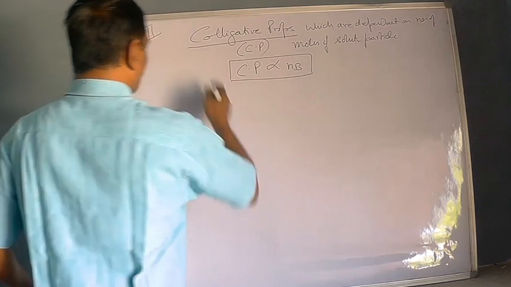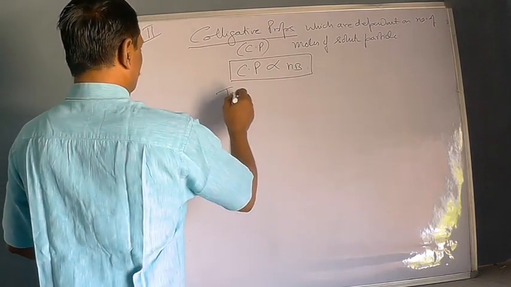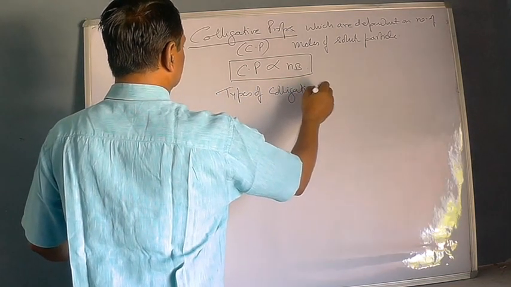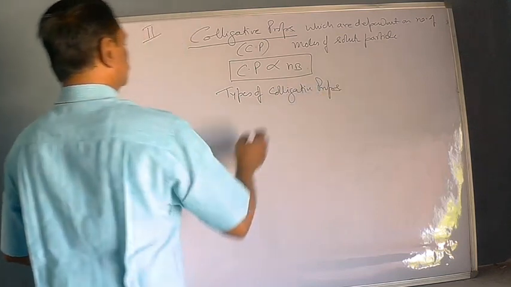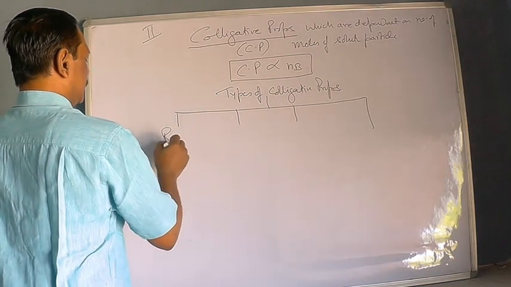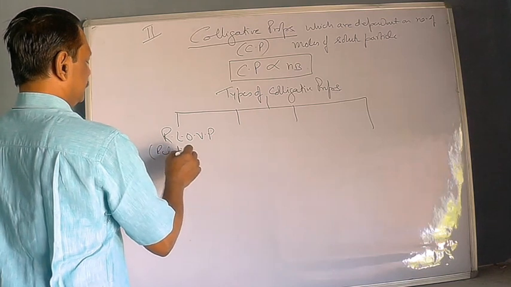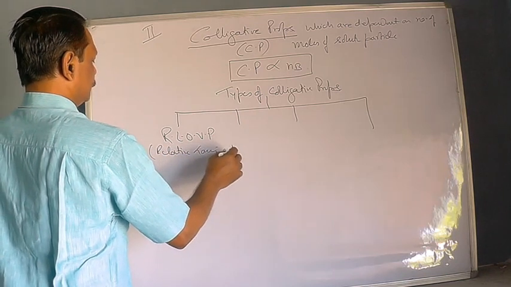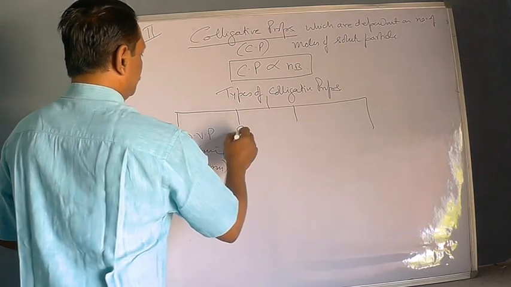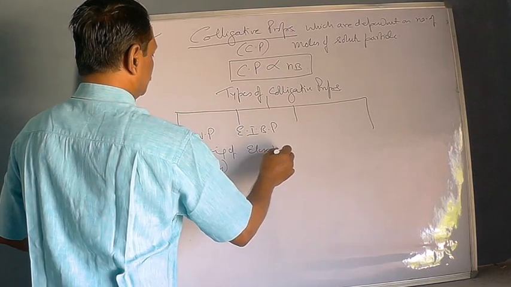And then class, how many types of colligative properties are we going to study in this topic? I am going to write here the types of colligative properties. 4 types. RLVP, that is relative lowering of vapor pressure. ElBP, elevation in boiling point.